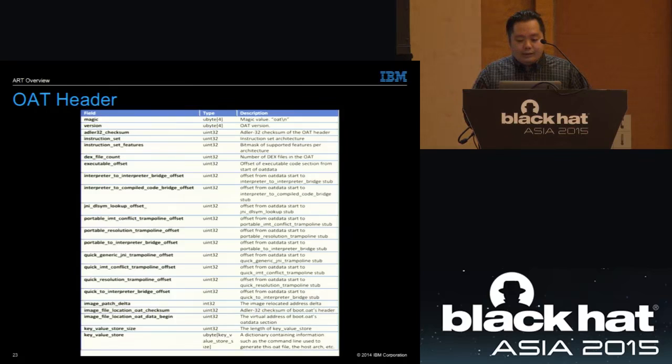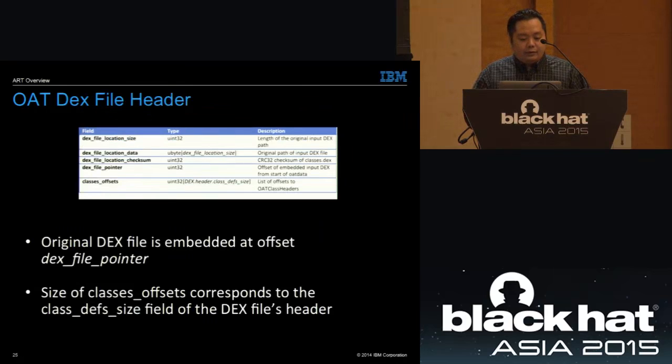Right after the oat header is an array of oat dex file headers, one for each dex file that was compiled. There's an important field here that we're going to use later called dex file location data. It is the original path of our input dex file, so it's the path to the APK or the jar that was compiled to generate this.